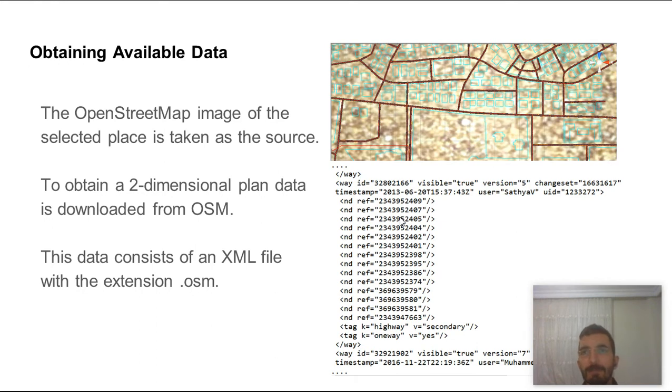OpenStreetMap represents physical properties on the ground, such as roads or buildings, using tags attached to its data structure. The figure shows Unity real maps roads created as shown. The second figure shows that the data consists of an XML file with extensions, an OpenStreetMap data example.